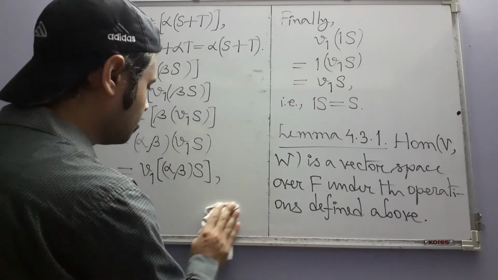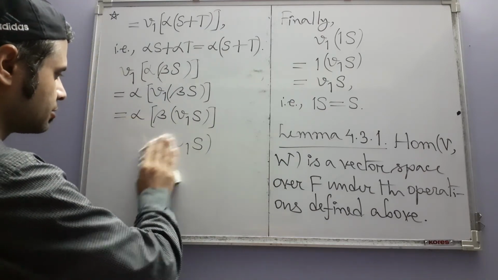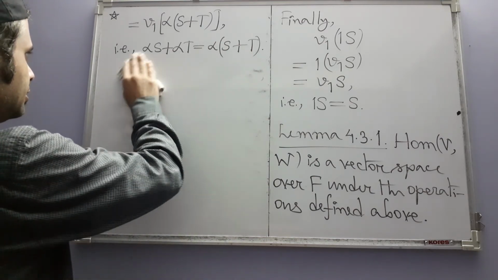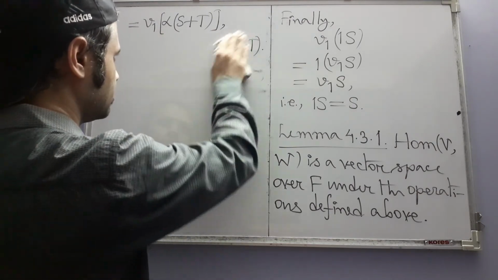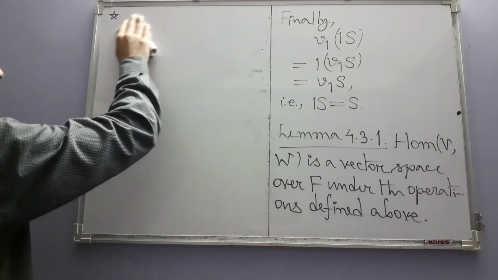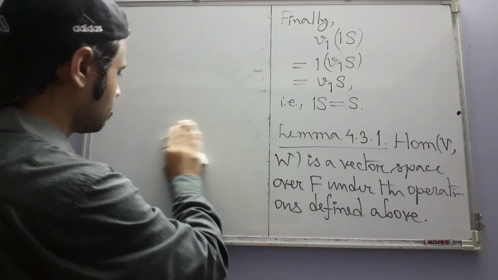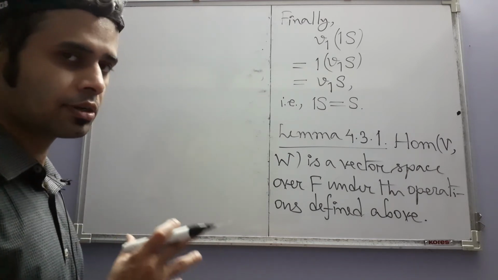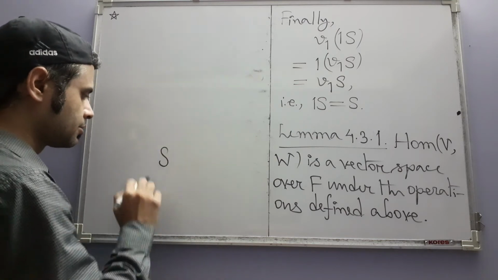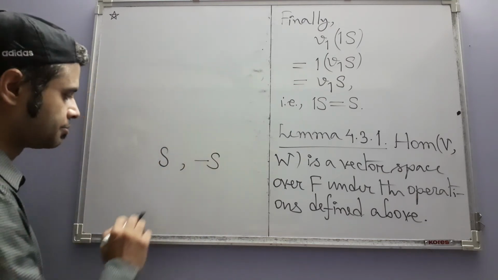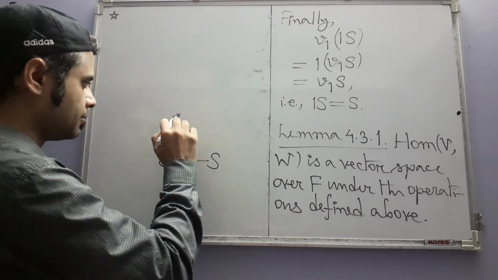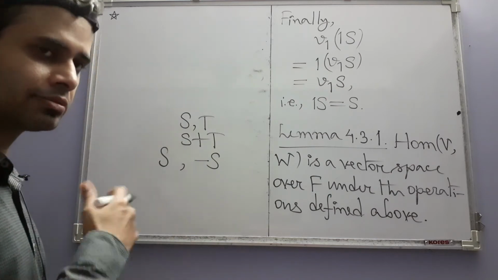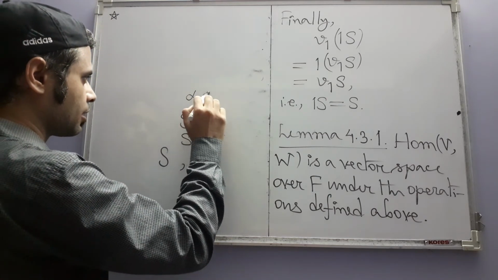Note that in spite of doing so much with this set and those two operations, so far we don't really know whether there is any element in this Hom set apart from that zero function, because in all these axioms that we worked so hard to verify, all the existence of those functions, for example, there exists a minus s for every s, and things like that, and say you consider s and t, then there exists a function s plus t which behaves in this way, that way. There exists a function alpha s.